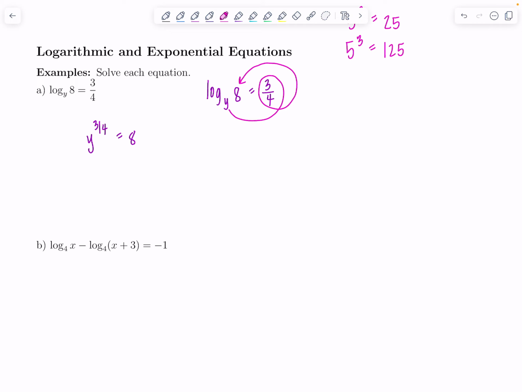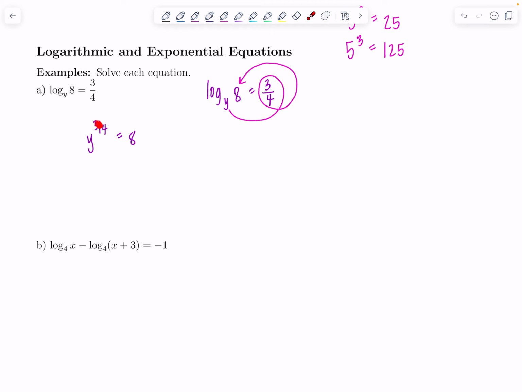And they just called it the little loop-de-swoop. So y, that's the base. The baby number at the bottom is the base, raised to the 3/4 equals 8. And then 3/4 is your logarithm, right? Log equals 3/4, so that should be the exponent. Hopefully that helps.